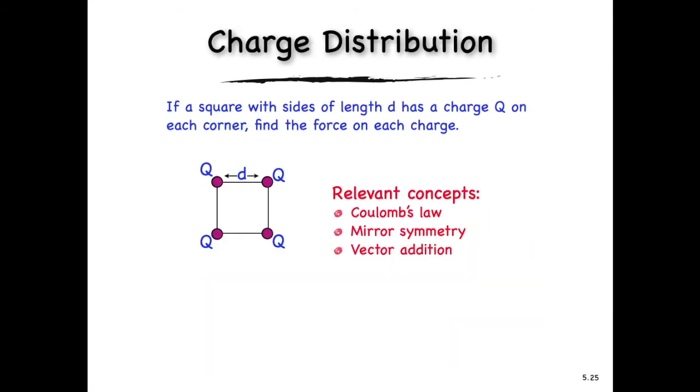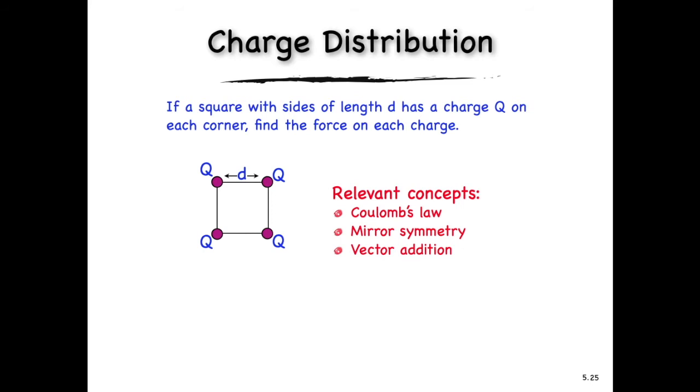Let's start with one that has discrete charges, 4 identical charges placed on the corners of a square, where the side of the square is d. If we want to find the force on each charge, we don't have to calculate it 4 times.